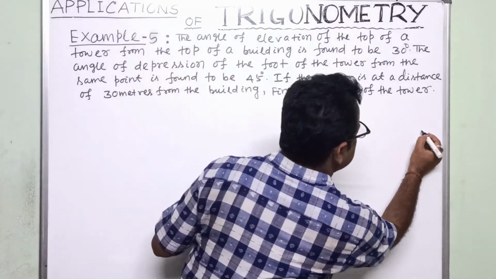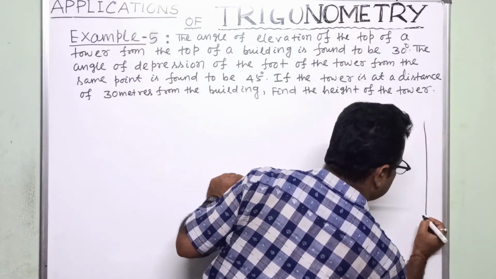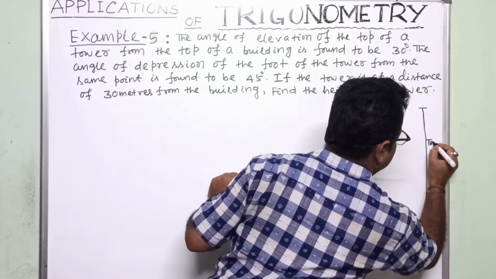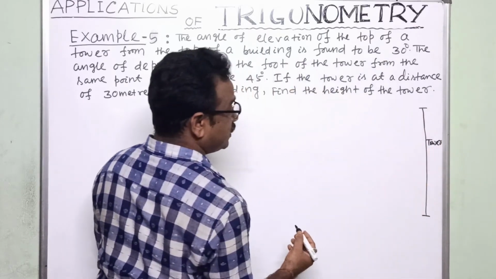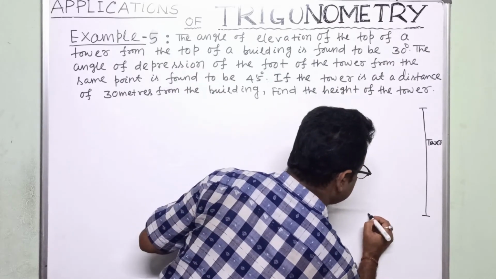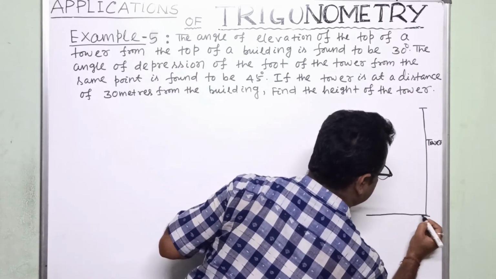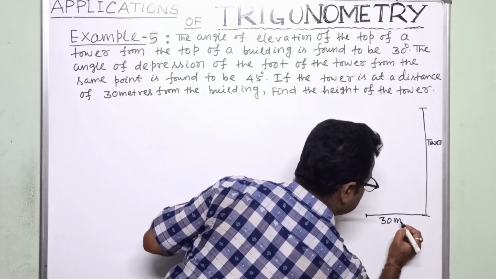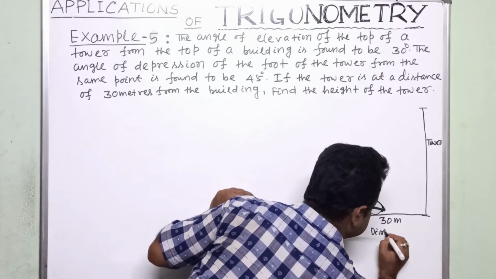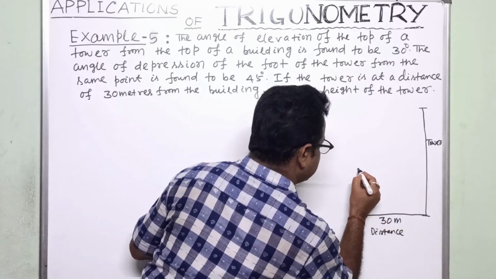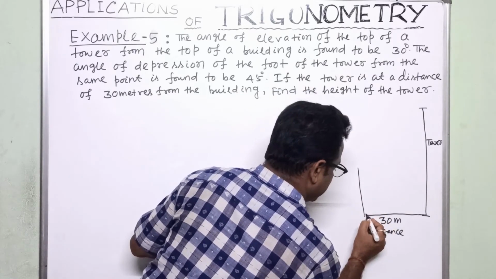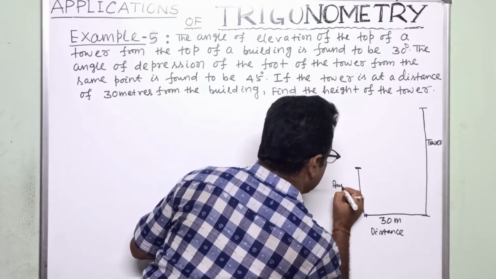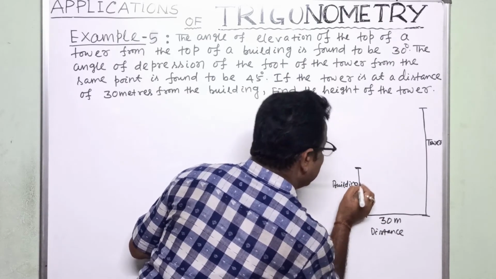Let us see. Suppose this is your tower. Now this is the distance between them, this is your 30 meter, and this is your building.